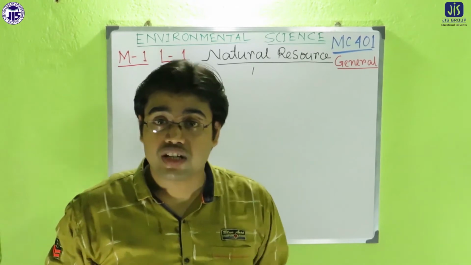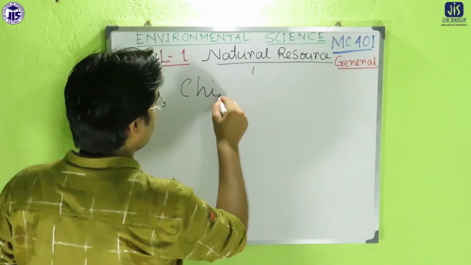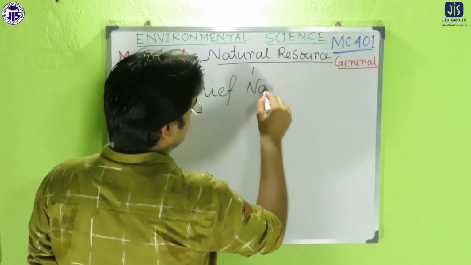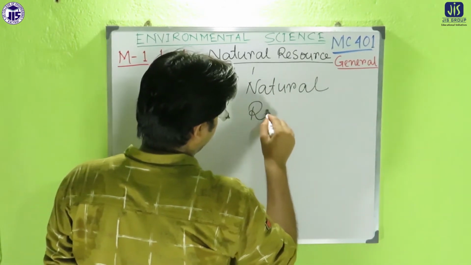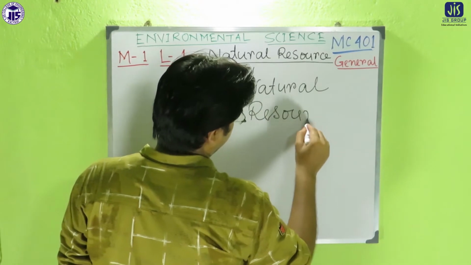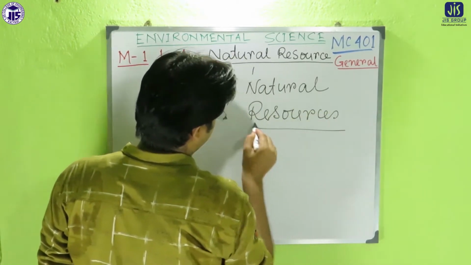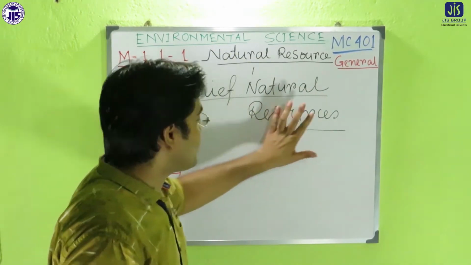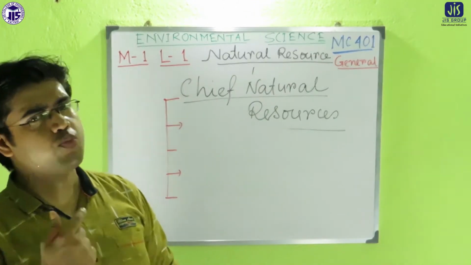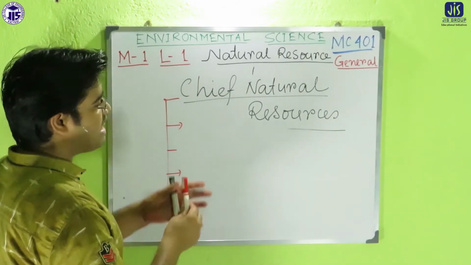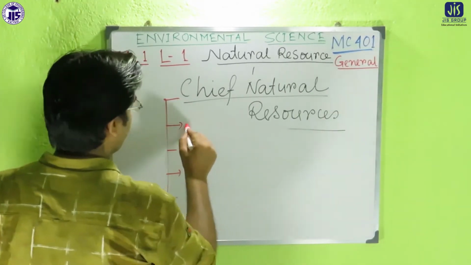First of all, we will discuss about the chief natural resources. So there are so many types of chief natural resources. We'll discuss one by one. So first one in that category, that is the forest resource.